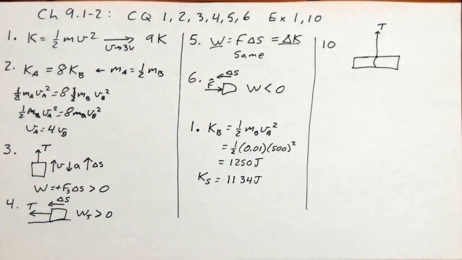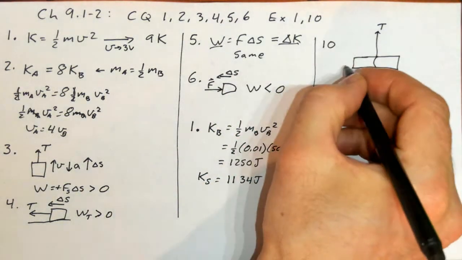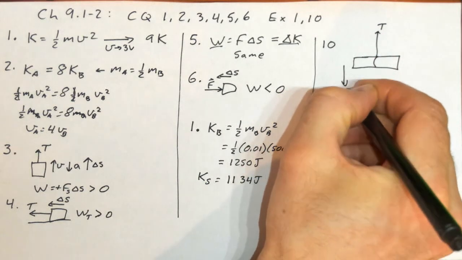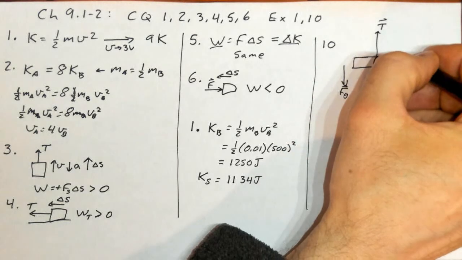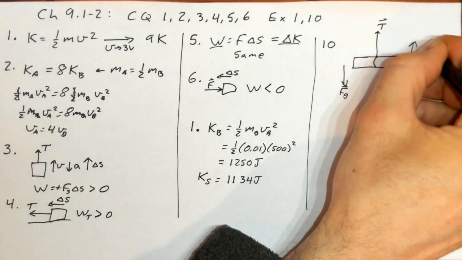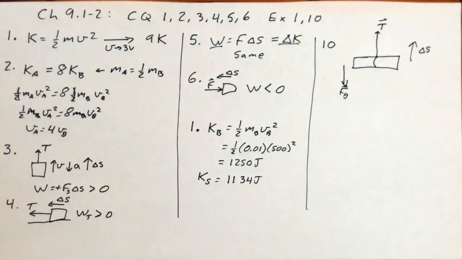The crane via tension is pulling up on this girder. It's a big beam, and gravity is pulling down on it. It does move upward, so its delta S is upward. That's 3.5 meters.